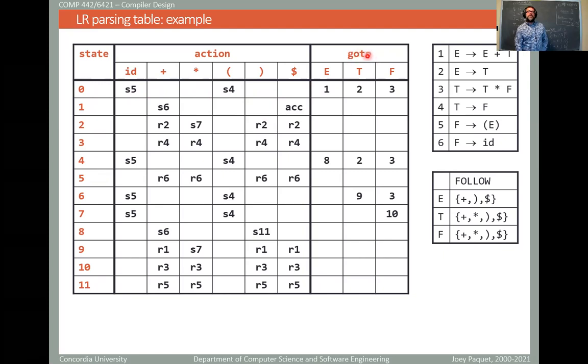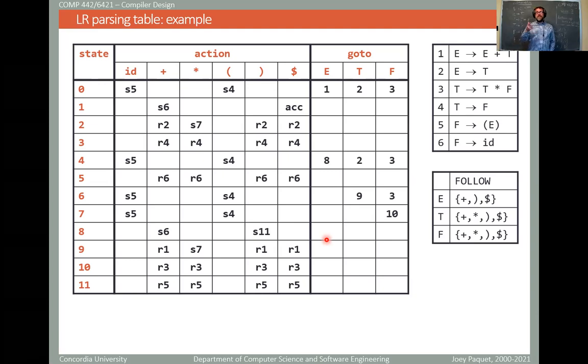Then in the go-to part of the table, again, for every state, you have some entries for each of the non-terminal symbols. You may have some entries that correspond to certain states. There are some cells that don't have any entries.